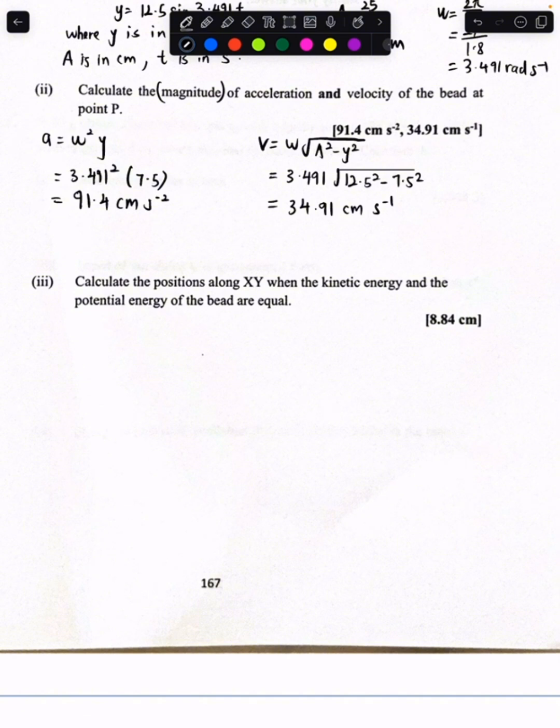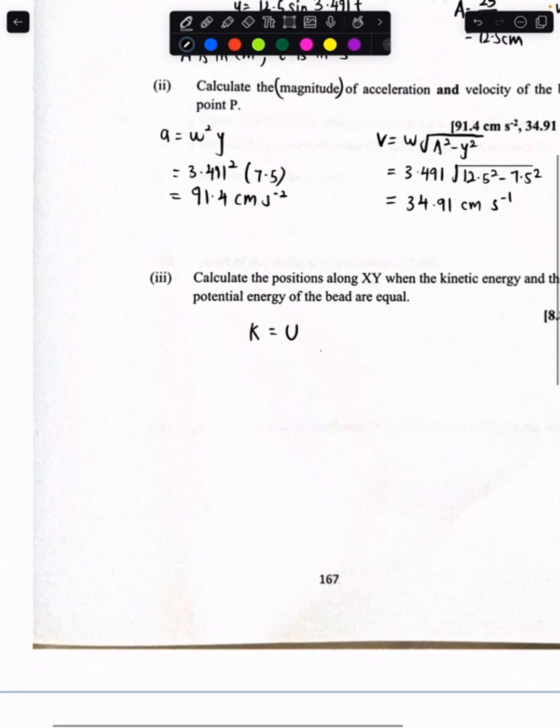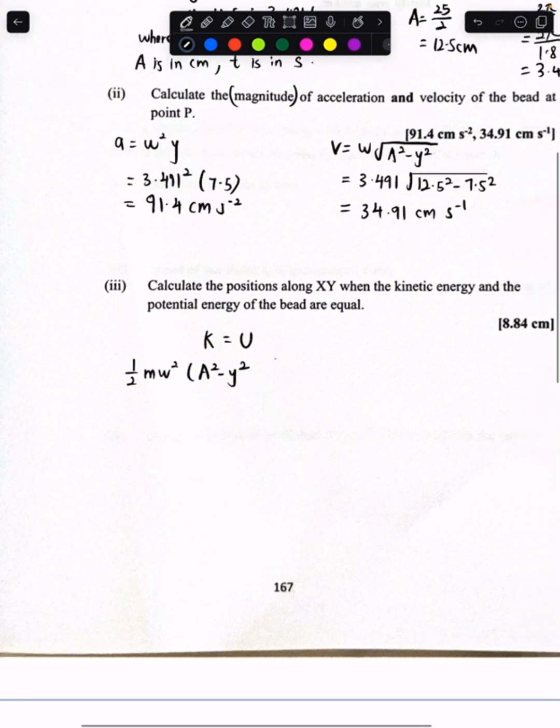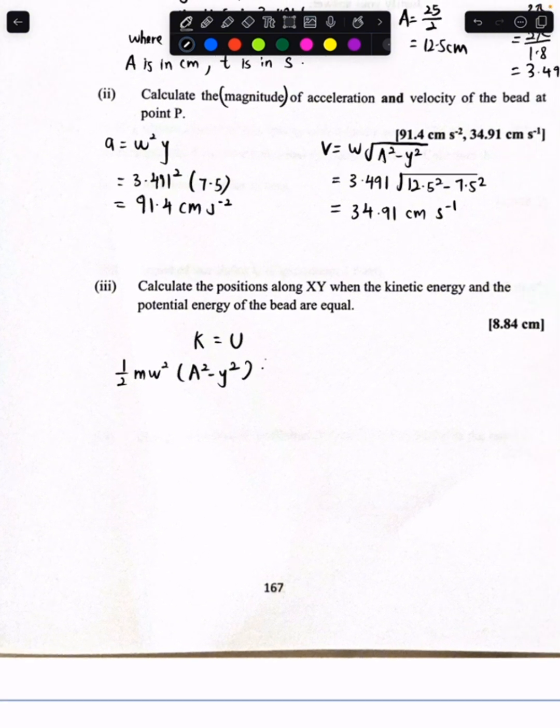So we just write it out: kinetic energy is equal to the potential energy. Then we also need to know the formula. Kinetic energy is 1/2 m omega squared (a squared minus y squared), while the potential energy is 1/2 m omega squared y squared.